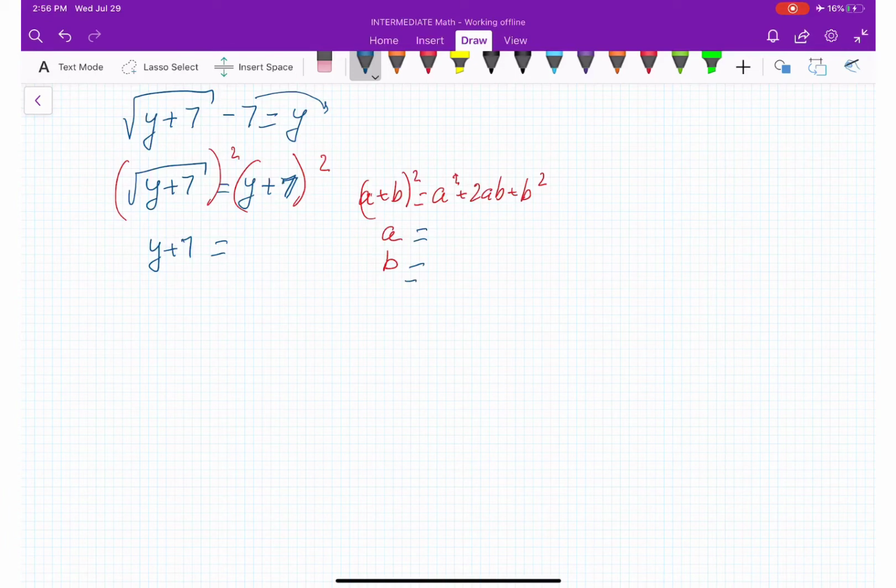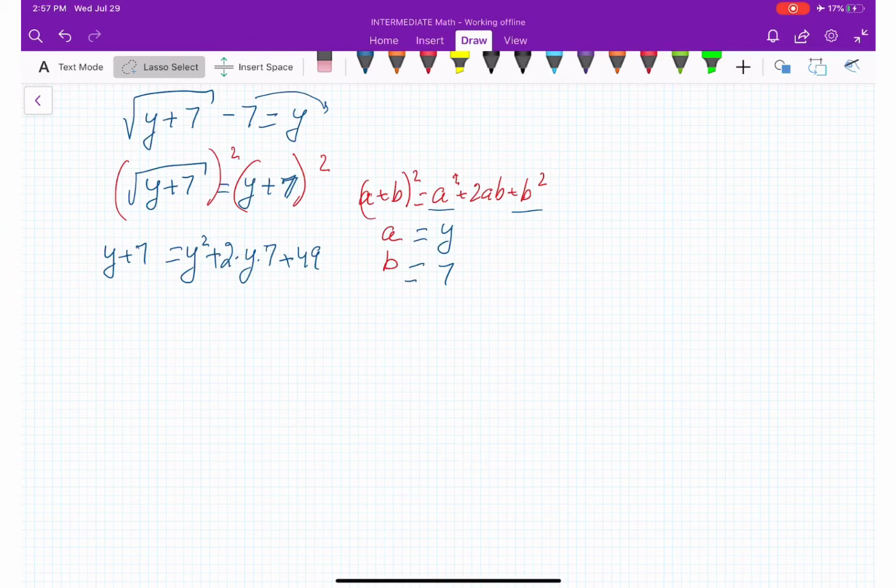Okay, a is equal y and b is equal 7. So a squared is going to be y squared plus 2ab, 2 times my a which is y and b which is 7, and plus b squared, which is going to be 49. Again, at the end of the screen, I'll put the reference to the video for perfect square. Okay, let me move it here so it won't be crowded.